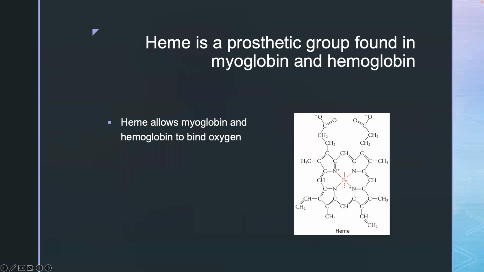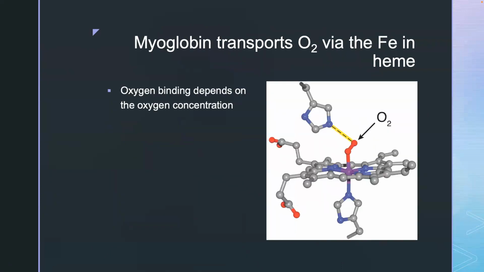And heme allows for myoglobin and hemoglobin to bind oxygen. And the main thing I want to point out here is this iron found within the center of heme. And so myoglobin transports oxygen with that iron in the heme group.